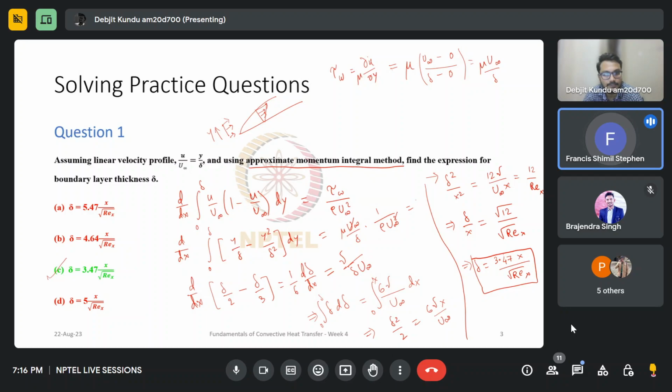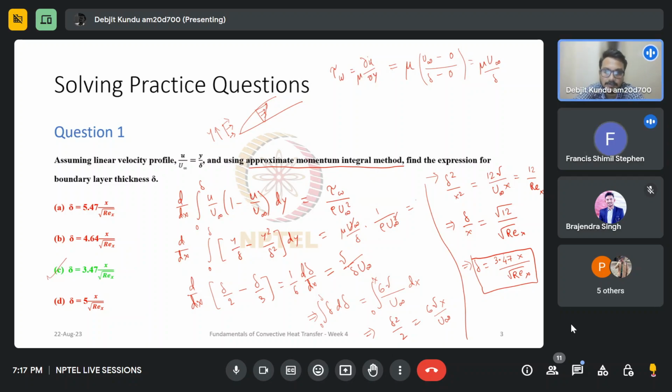So this momentum integral method and von Karman method, are they both the same? Sorry, I couldn't get you. Can you tell your question again? This is von Karman fundamental only, right? Yes, the momentum integral method and von Karman integral method are the same.